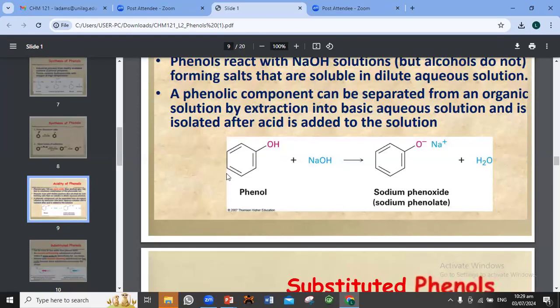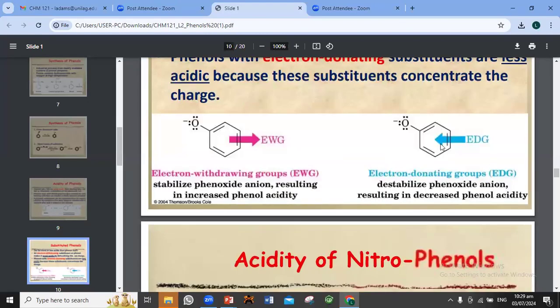But if you have a group that is pushing electrons towards oxygen, it will not take the electrons it is sharing with the H, and therefore the H will stay. That is the difference between an electron withdrawing group and an electron donating group. An electron withdrawing group will increase acidity because it is able to stabilize the phenoxide, while an electron donating group will decrease the acidity.